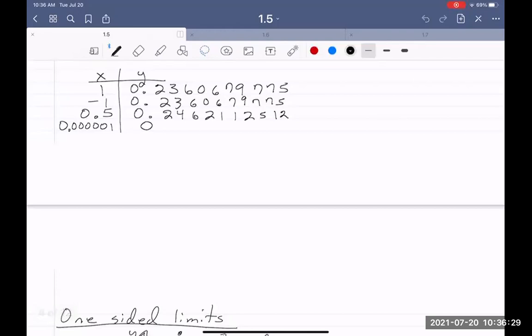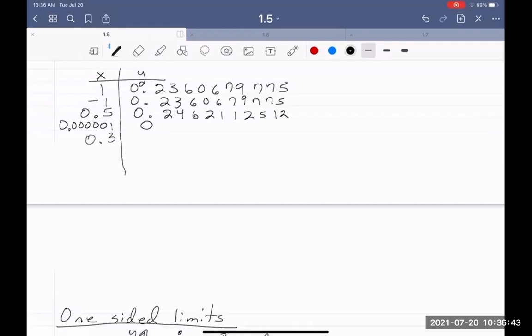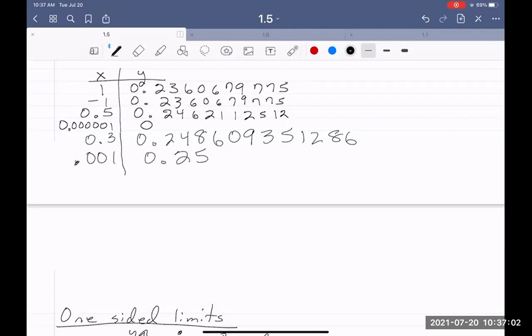If I plug in 0.3, I get 0.048609351286. If I plug in 0.001, I get 0.25.